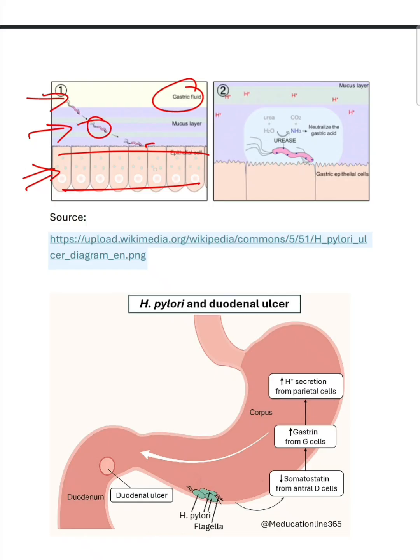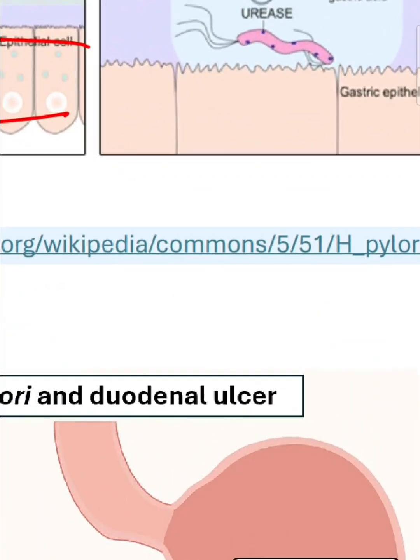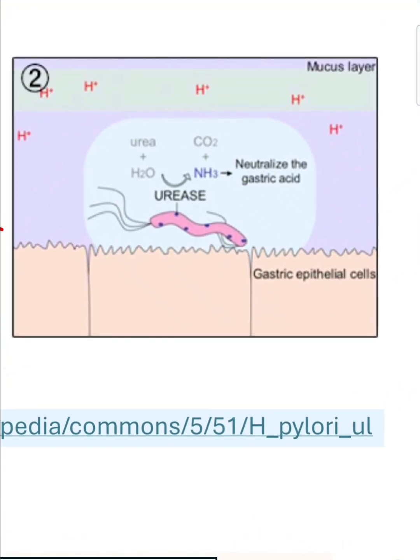They are adhering to the epithelial surface, and they can create urease, which is an enzyme, and that urease converts urea to ammonia. And if you remember, ammonia has alkaline property. It can neutralize the acid.